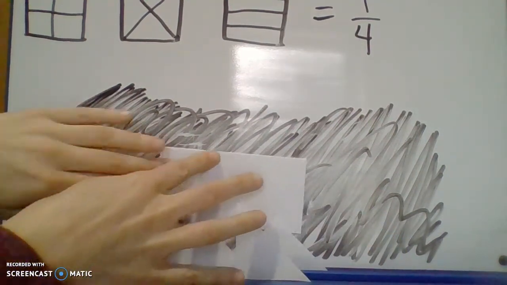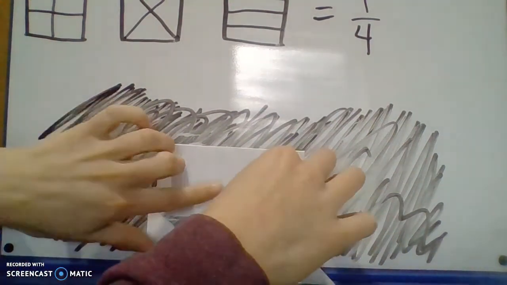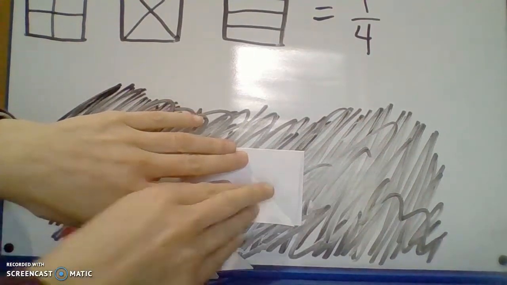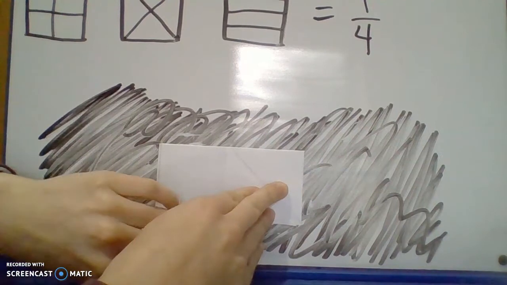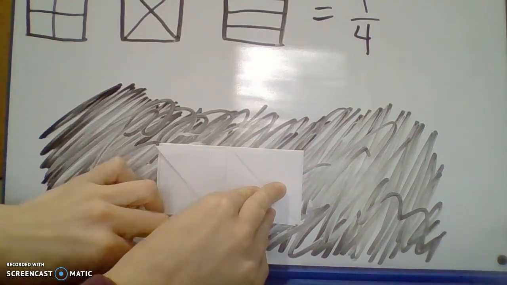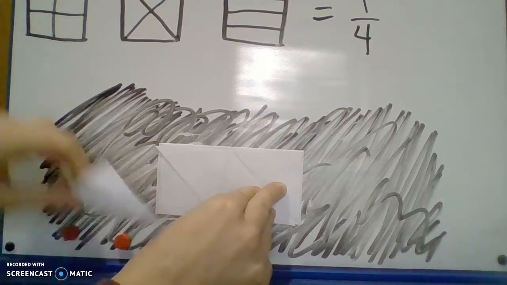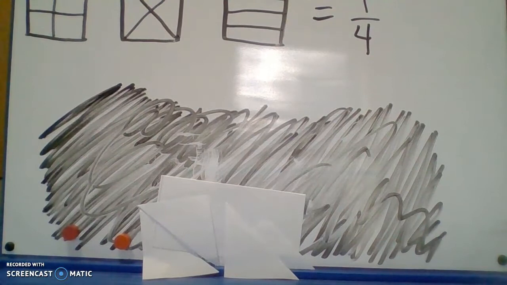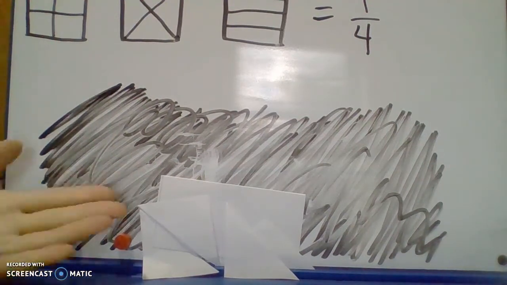You could see that they were directly on this rectangle on each side. I know it's hard to see. And they fit. So the answer is yes, they have the same amount in each.